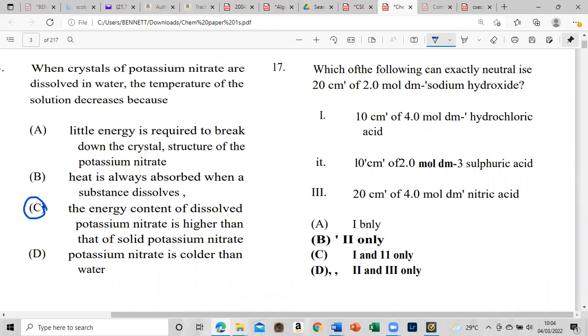Option 1, 10 cm³ of 4.0 mol/dm³ hydrochloric acid. And number 17 would be 1 and 2 only. So 17 is C.